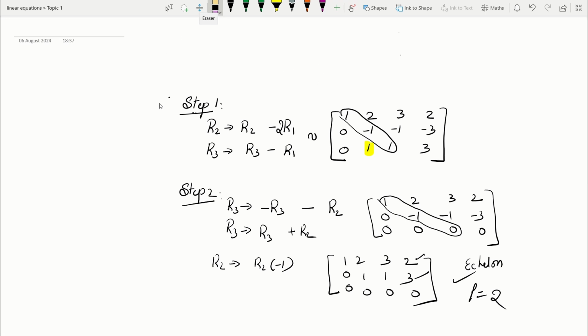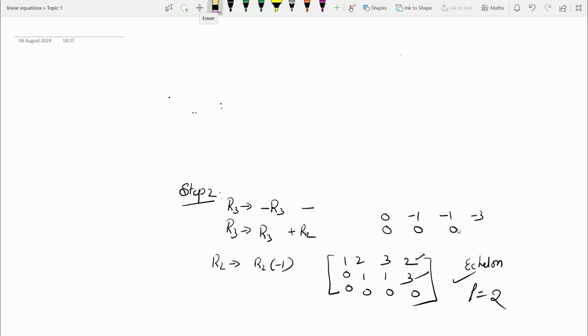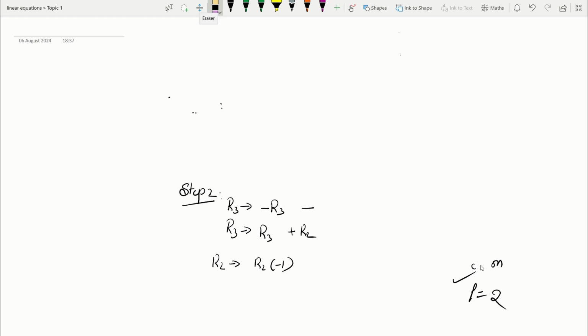And if you want to check whether the rows are dependent or independent, you can say that here rows are equal to 3, which is not equal to rank, and columns are equal to 4, which is not equal to rank. So you can say that in this problem, rows and columns are dependent on each other.